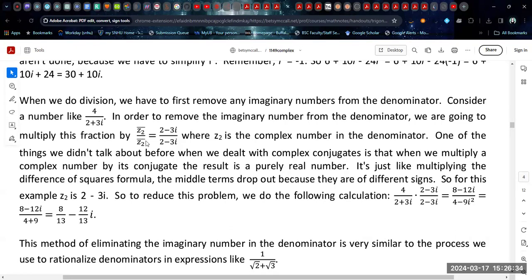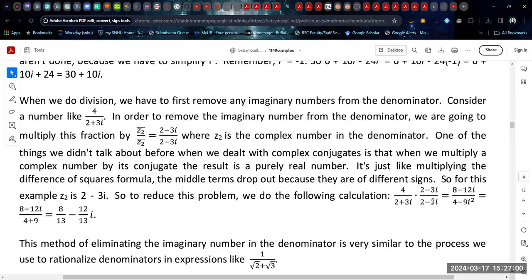And so I'm going to multiply this problem by 2 minus 3i over 2 minus 3i. Now, what that's going to do is essentially create a difference of squares in the denominator. And when I do the multiplication, the middle terms that contain i only are going to cancel out.